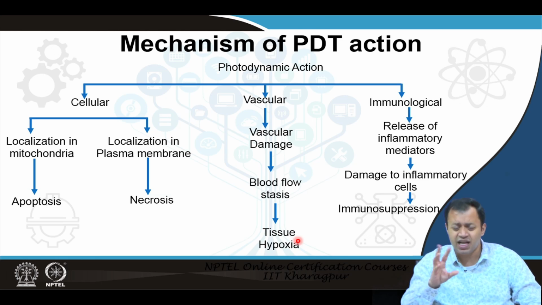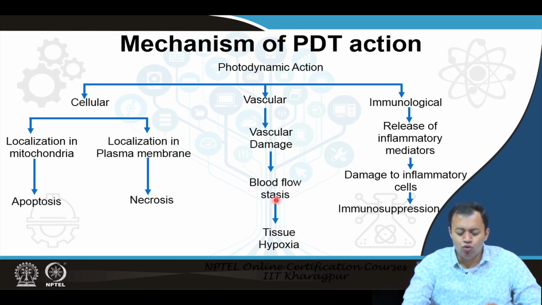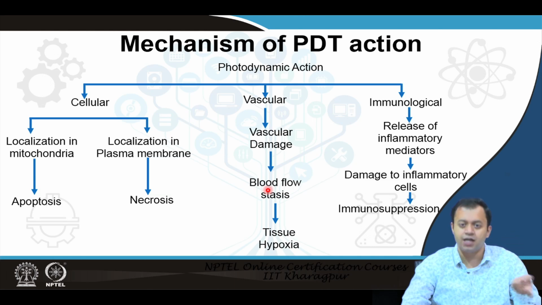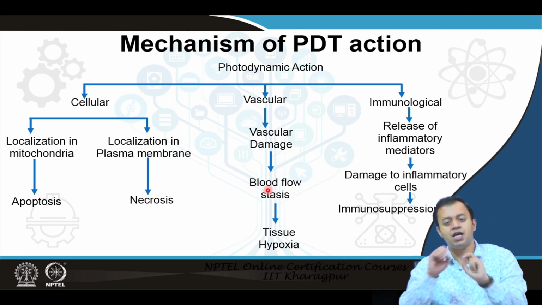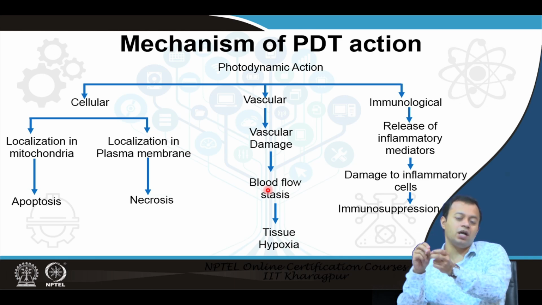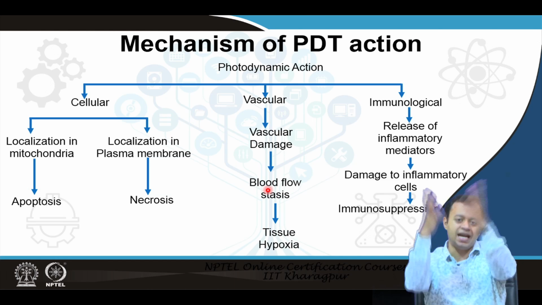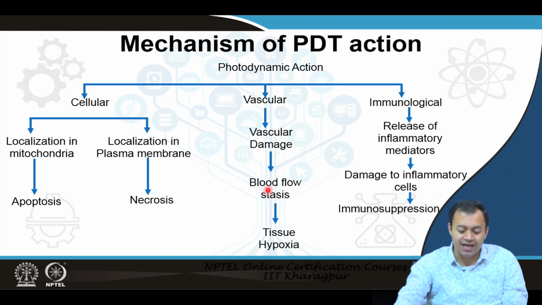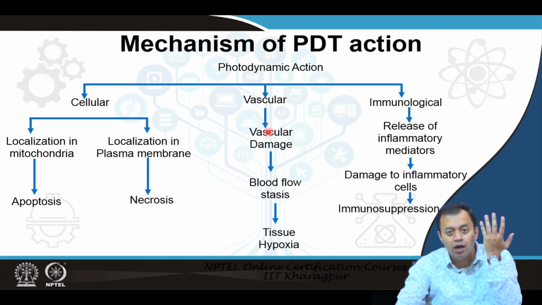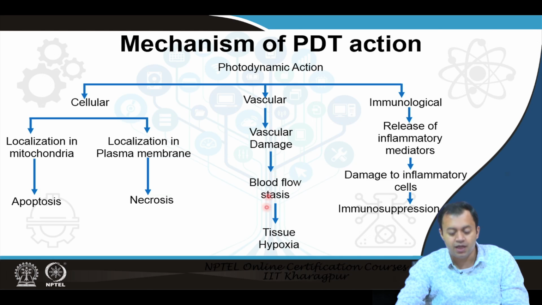Hypoxia simply means lack of oxygen, i.e. you destroy the vessels, you destroy the arteries, you destroy the veins that are providing blood to the tumor, from which the tumor is generating energy, generating sustenance and growing. And those vessels, the arteries, the veins are basically targeted and thereby destroyed.